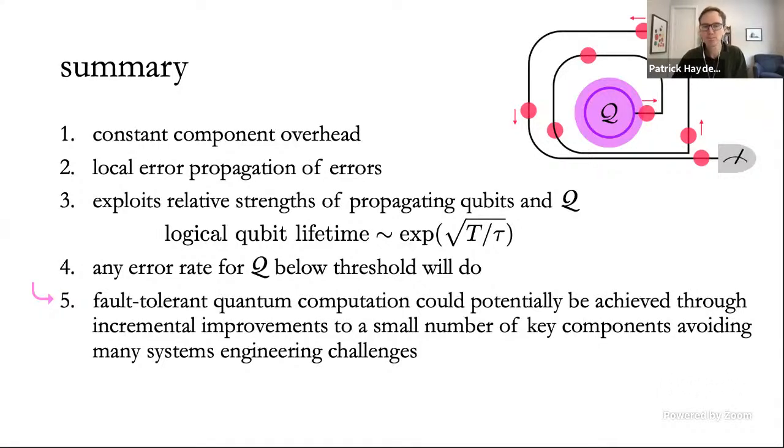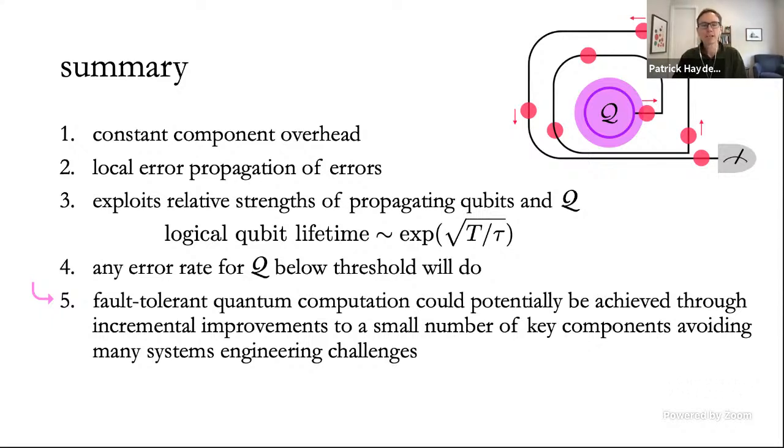We also found that despite the seemingly brain-dead design of this system that looked like it would be terrible from the point of view of fault tolerance, it nonetheless stores quantum information quite well. And even though it does propagate errors, it propagates errors in a way which is completely benign because of the stabilizer structure of the cluster state.